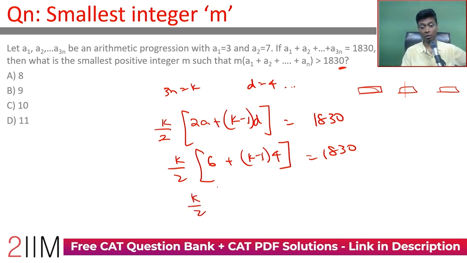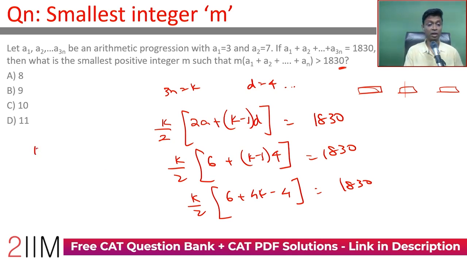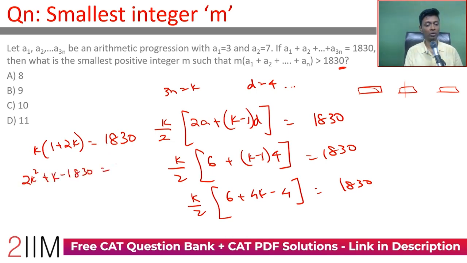K by 2 into 6 plus 4k minus 4 is 1830. This is 2 plus 4k, 1 plus 2k. K into 1 plus 2k is 1830. And we can solve this. 2k square plus k minus 1830 is 0.